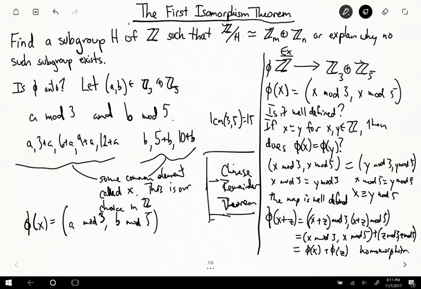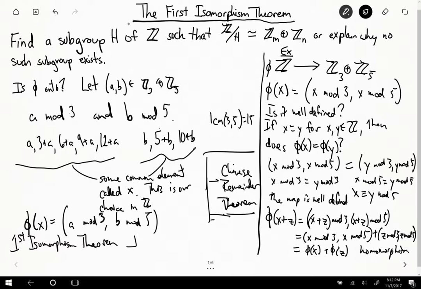Now what happens from here? Well, you have the first isomorphism theorem. We have a homomorphism, it's onto in this case. What does the first isomorphism theorem state?